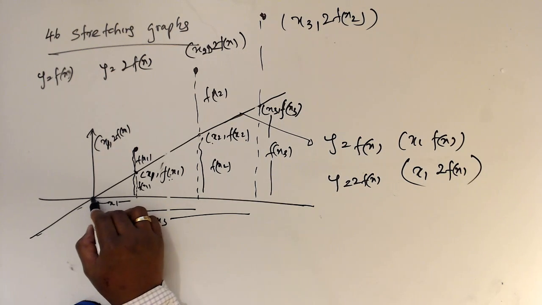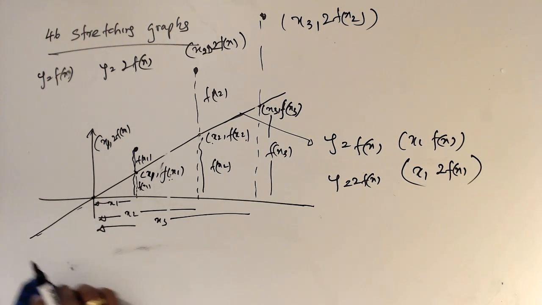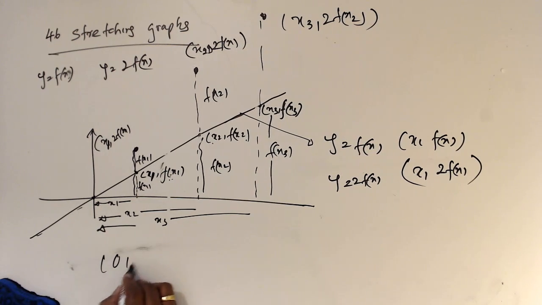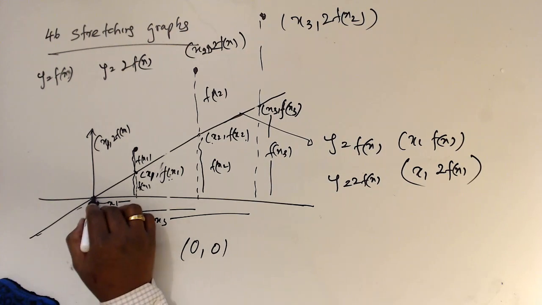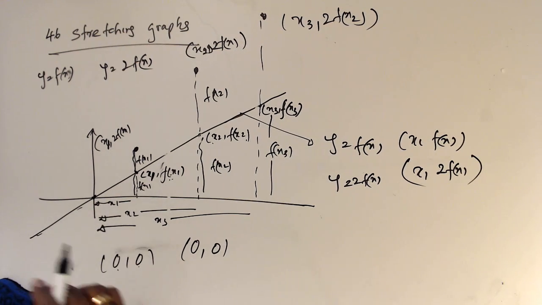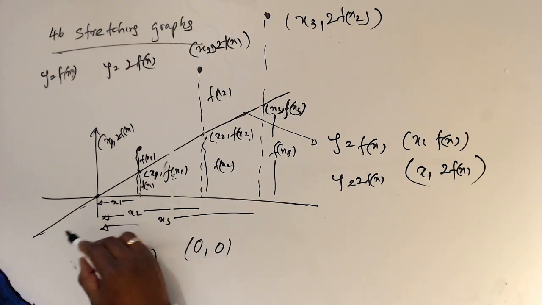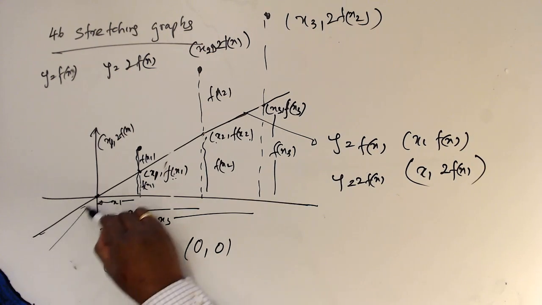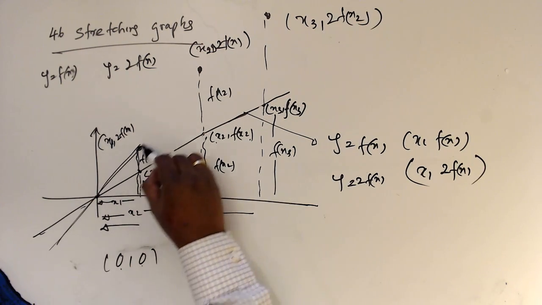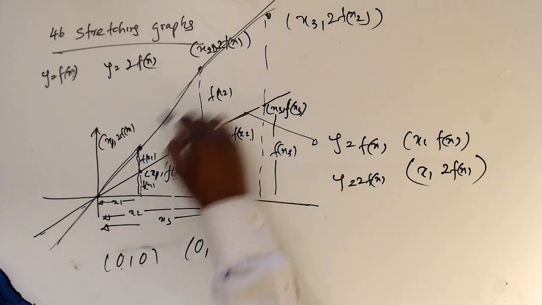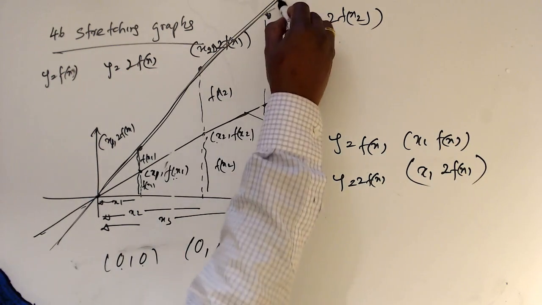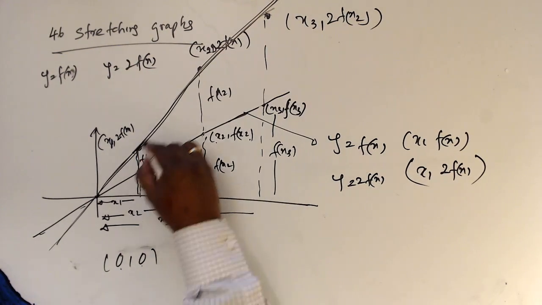And what is the coordinate of this one? 0, 0. The x coordinate is the same. When you double 0, what is it? 2 times 0, still 0. It means it's going through this. Now I'm going to draw the curve like this.